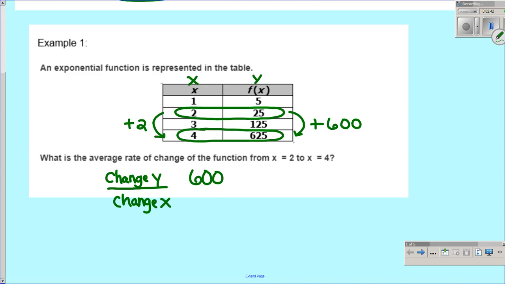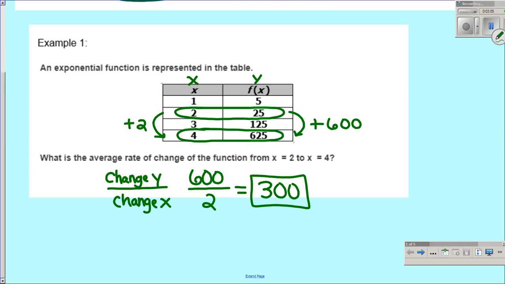From 2 to 4, that's an increase of positive 2. Right now, our ratio is 600 over 2. You always want to simplify your ratios when possible. So check to see, can we divide 600 by 2? And yes, we can. So the average rate of change for this function is 300.